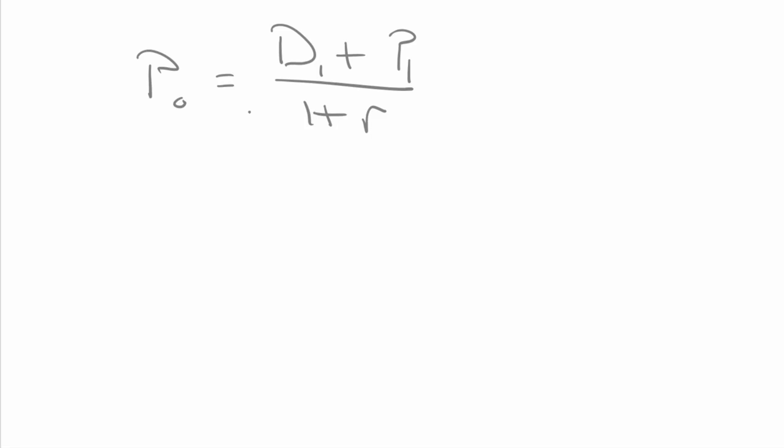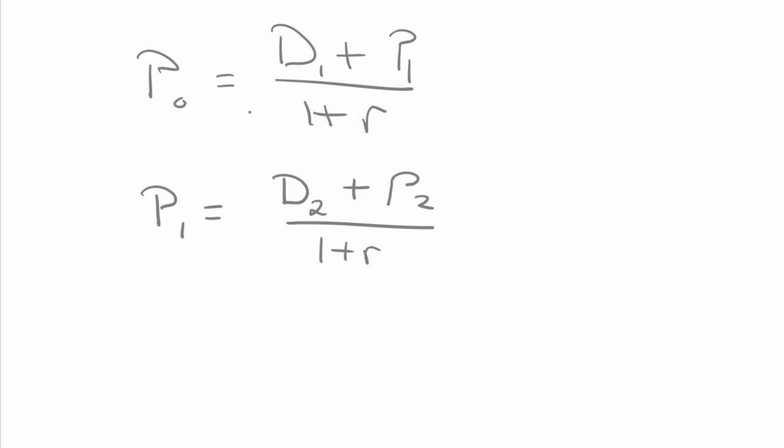Well, after all, we can use the same method to tell us what next year's price is. After all, P1 should be, by the same reasoning, D2 plus P2. So the dividend 2 years from now plus the price 2 years from now, discounted back.